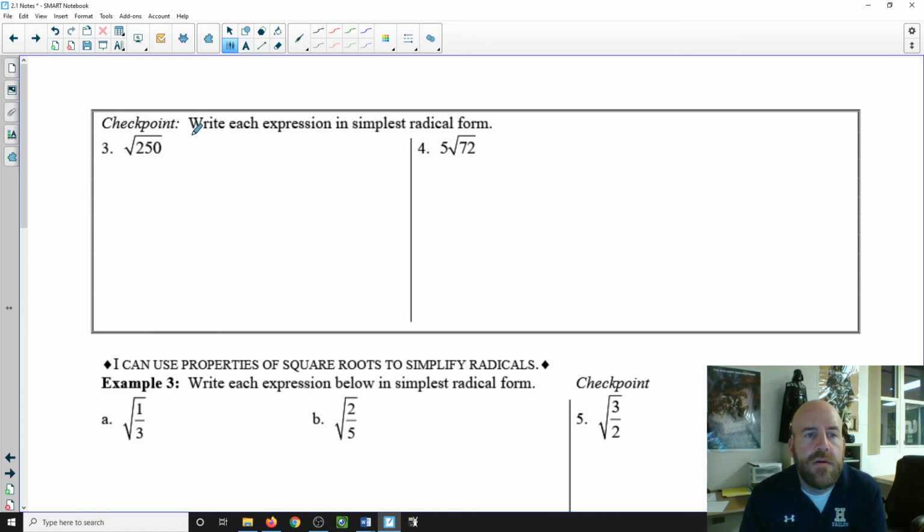Alright, so square root of 250. So square root of 250, well, there's something we could divide. We could divide out 25. So think about how many times 25 goes into 250. So 25 goes into 250 10 times. So that's a 10 times 25.